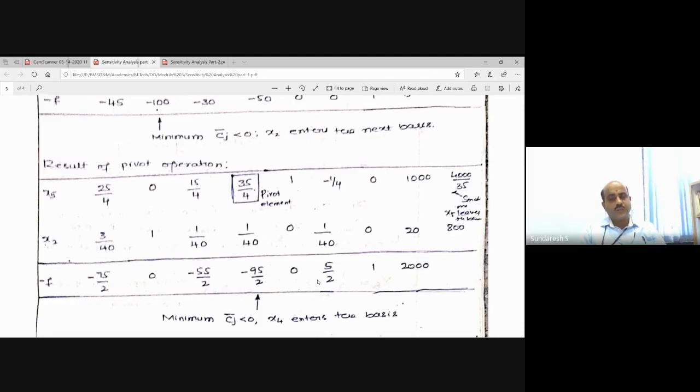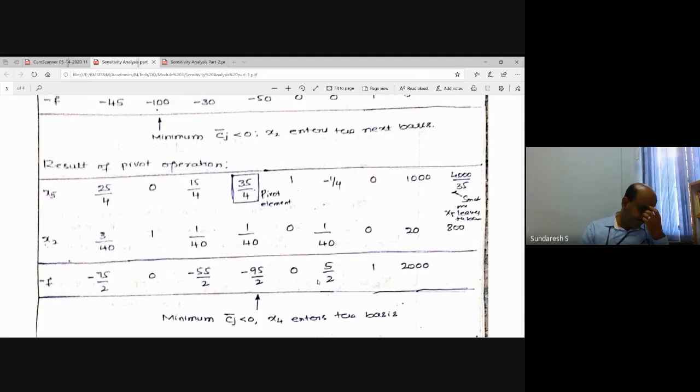And the cost coefficient is 0. And the BI value, you are going to get as 100. For the B value, you are going to get 1,000.